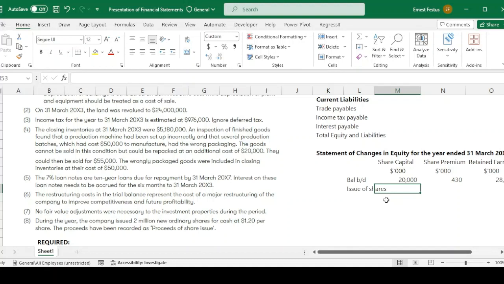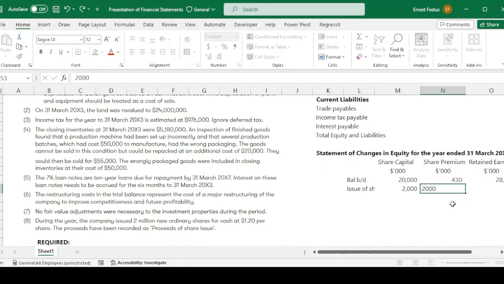So for our share issue, it's going to be 2,000. The 2,000, so it's 2 million. So we are removing the 3 zeros, so 2,000 times the $1 share, and that is 2,000. And then the 0.2 is the share premium. So we are going to have the 2,000 multiplied by 0.2.